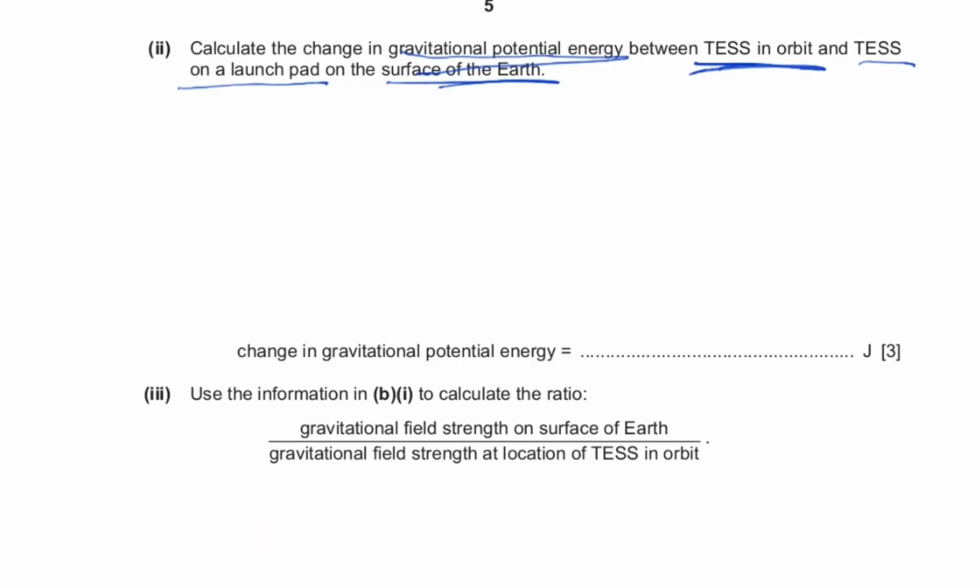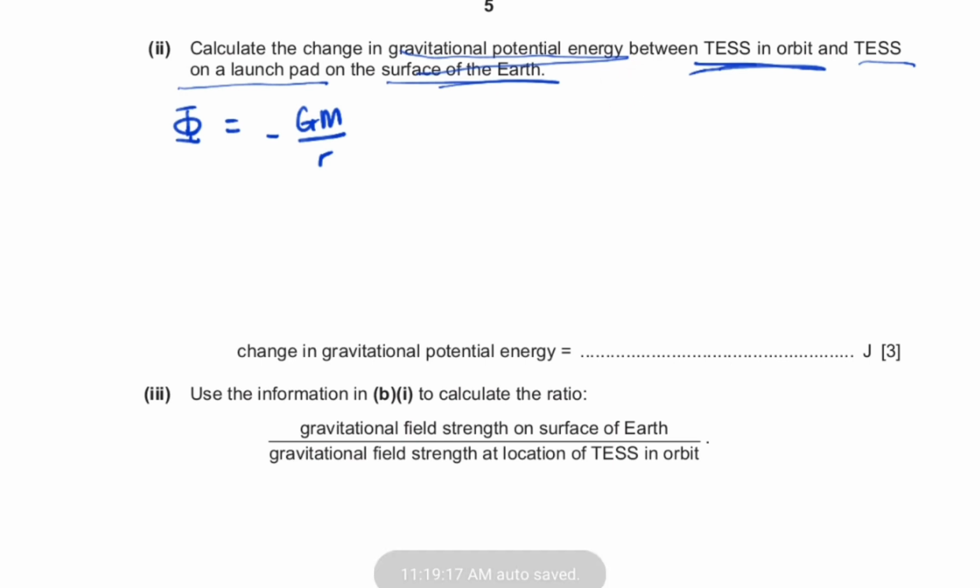So the first thing to think about in this situation is the formula for gravitational potential, which is phi equals negative GM over r. So this is the equation for gravitational potential. And here I want to delineate between gravitational potential and gravitational potential energy.